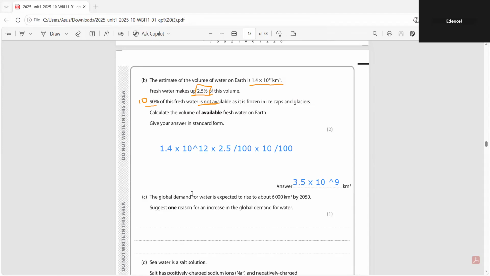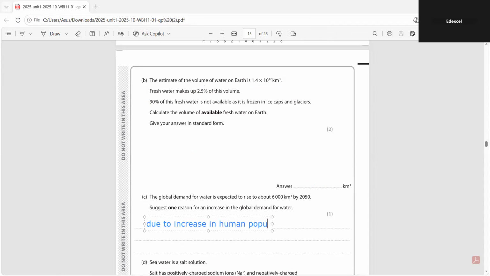The global demand for water is expected to rise up to about 6,000 kilometer cube by 2050. Suggest one reason for an increase in the global demand. Because of the increase in human population. So you can easily write that due to the increase in human population, the usage of water will be more demanding, right?